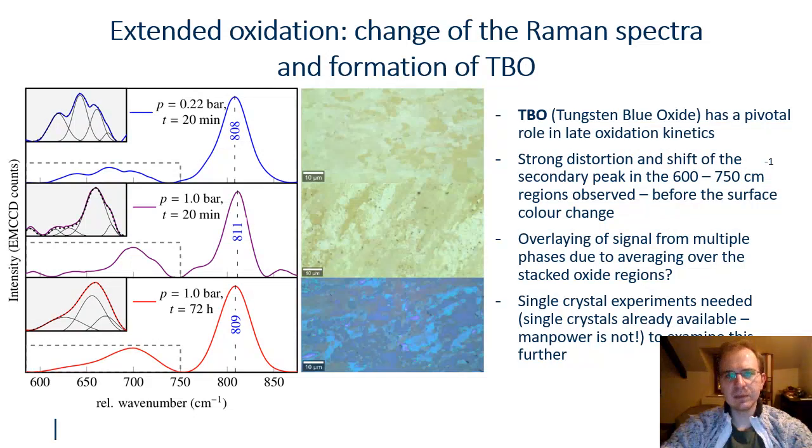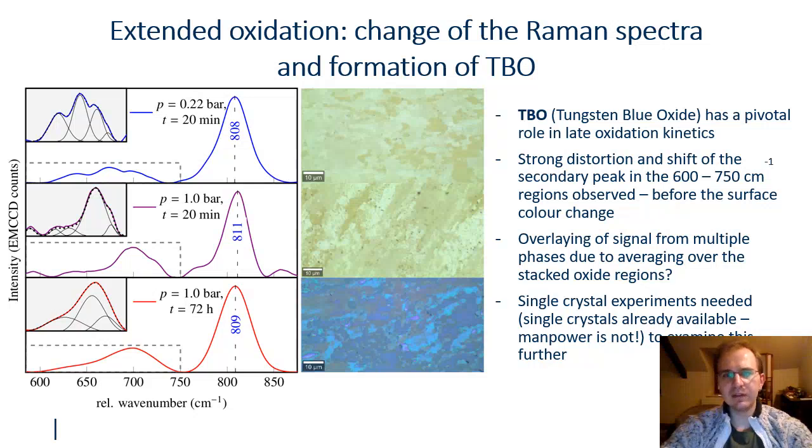And it was apparent that, for example, at 20 minutes, even though there was no pronounced change in the color of the oxide, we still observed a shift of the secondary peaks, which corresponded to the stretching band, to higher wave numbers.